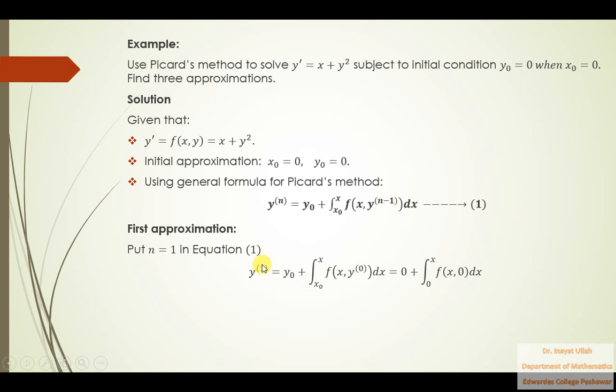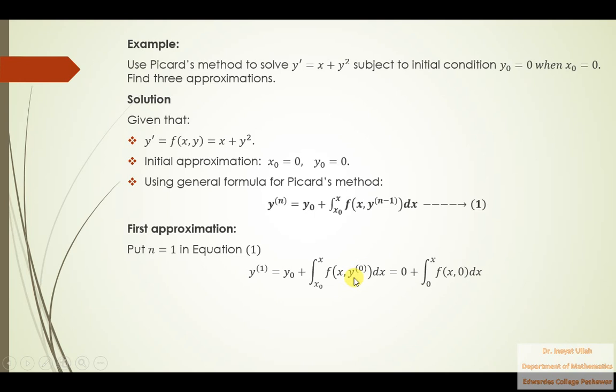So that is y naught. So that is the first approximation, y1 is equal to y naught, and we know that y naught is 0, so we have replaced y naught by 0 from here. You may write this 0 as a superscript of y or as a subscript of y, these have the same meaning.